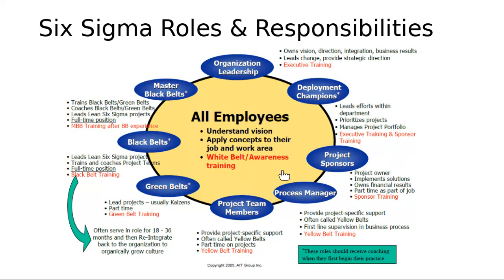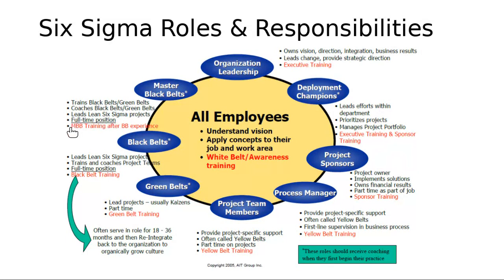Those people are more from the organization's expertise, as I told you, like a dean or chairman or vice dean or deanship of quality. But on the other side, the master black belt, the black belt, and the green belt could even sometimes be outside the organization, but they are very expert in Six Sigma.